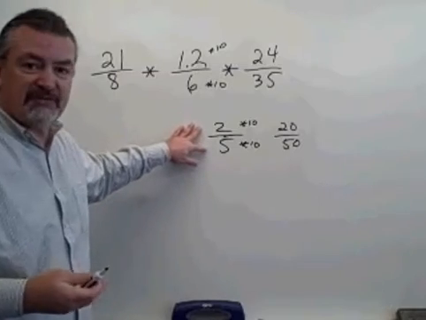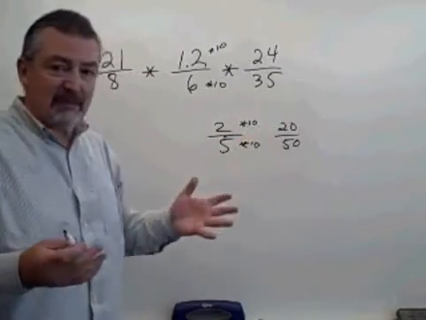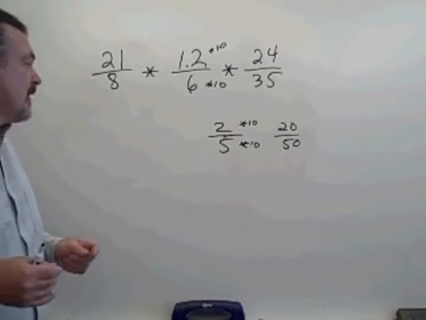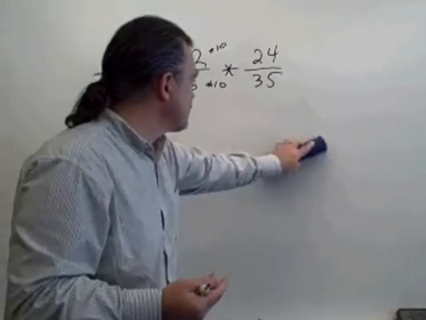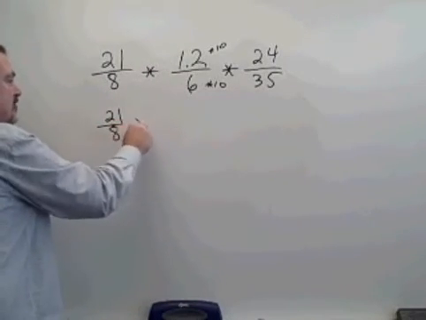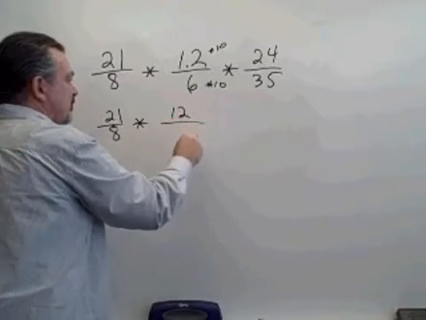If you had 2/5 of a candy bar, you'd have the same amount of candy if you had 20/50ths of the same size candy bar. So I don't change the value, I'm just going to change the appearance. And it's actually going to make my multiplication a little bit easier to perform.